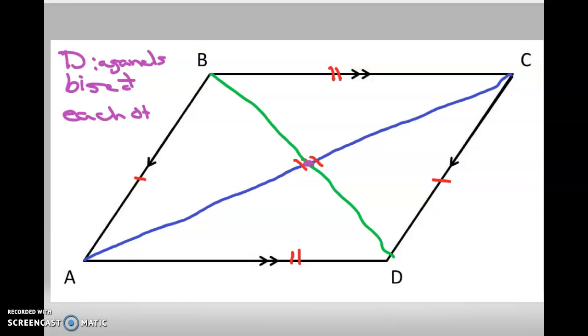Okay. So what that means is that this side is congruent to this side.